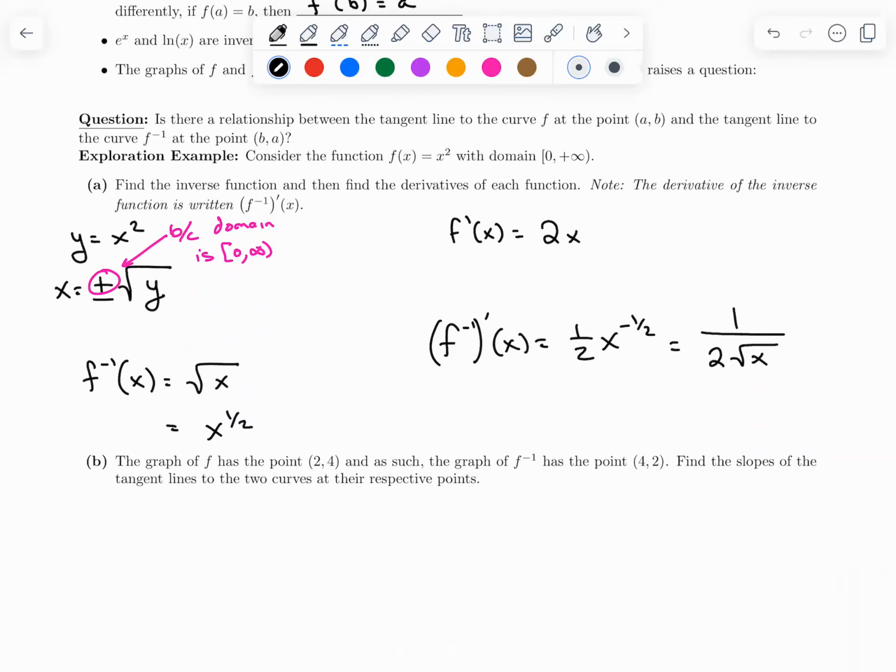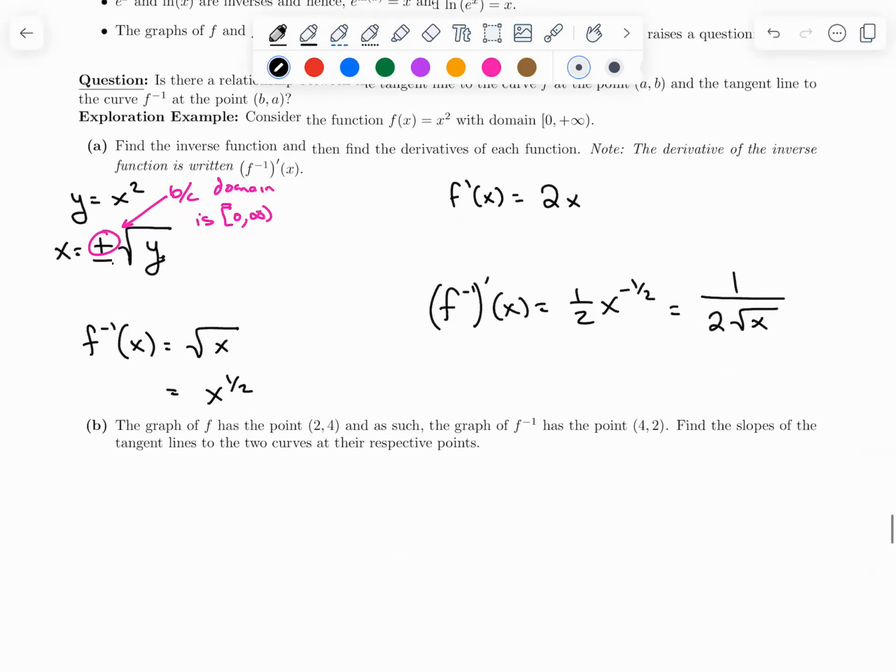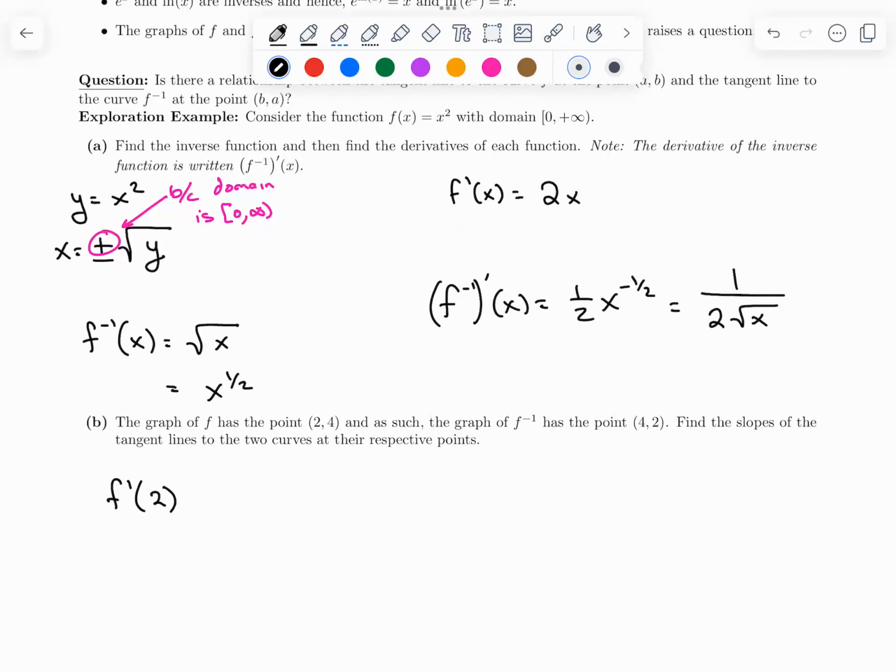But the graph of f has the point (2, 4). If you plug 2 into the function x squared, you get the y coordinate of 4. And as a result, the point (4, 2) is on the graph of f inverse. So we're going to find the slopes of the tangent lines. f prime of 2 is 2 times 2, which is 4.